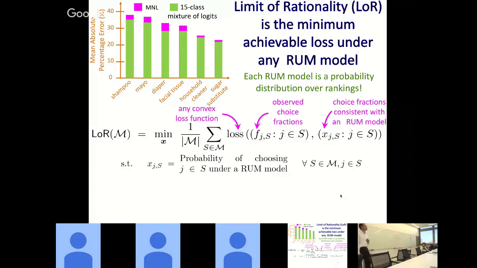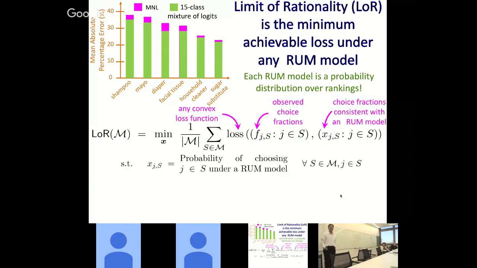Every choice model within the RUM class corresponds to a probability mass function over the set of rankings. Within the RUM class, customers choose the product with the highest utility. That immediately means the magnitude of the utility doesn't matter. What matters is the ranking of the utilities across all the products, and therefore the probability mass function over the rankings.